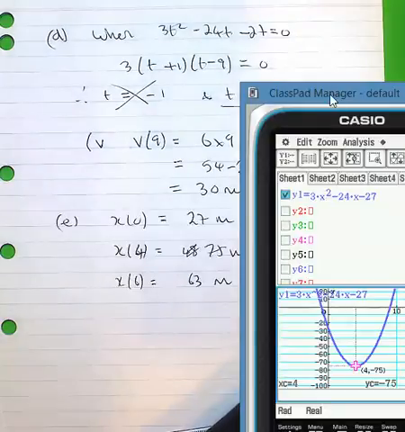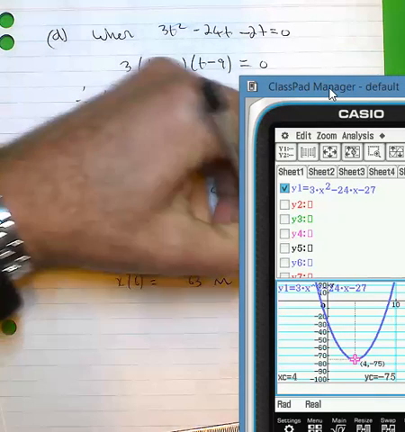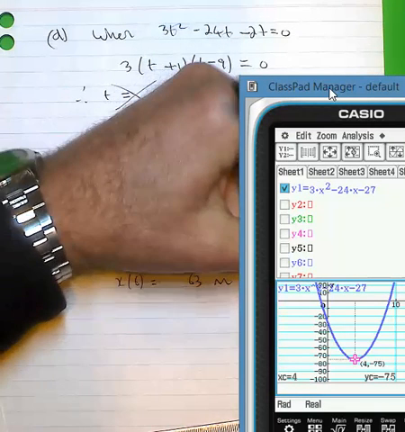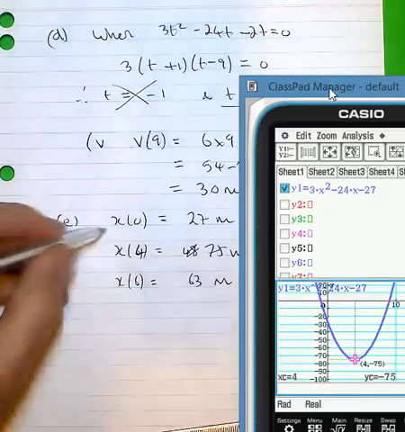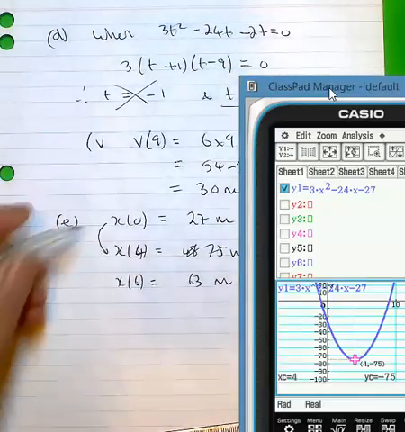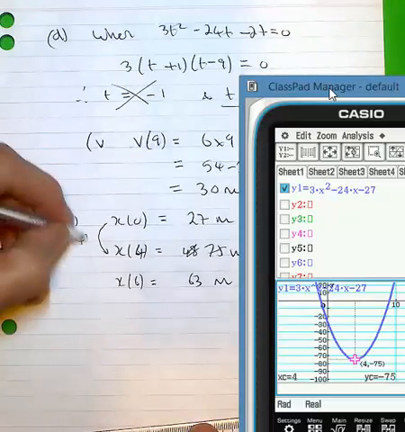In order to do E, it would be instructional to have a look at the graph. We can see the minimum is at 4, negative 75. So the object has gone from negative 27 metres to negative 75, which is 48.